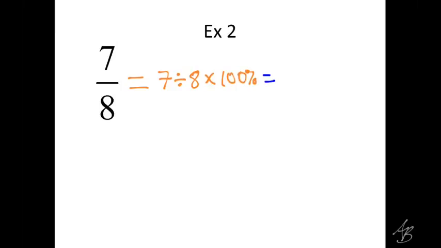And when I do that, I get what? 87.5. And what am I missing? The percent symbol. So even though this is a percent, it has a decimal point in it. Is that okay? Yeah. Even though this is a percent, it can have a decimal in your answer. And we're going to leave that decimal there.